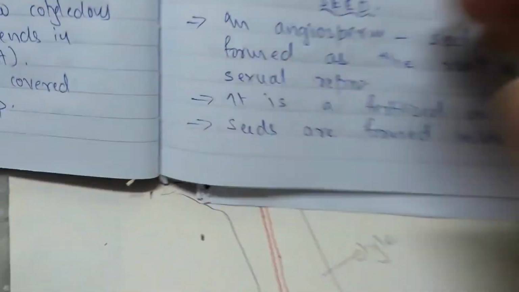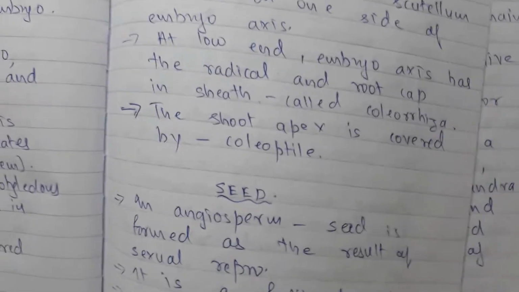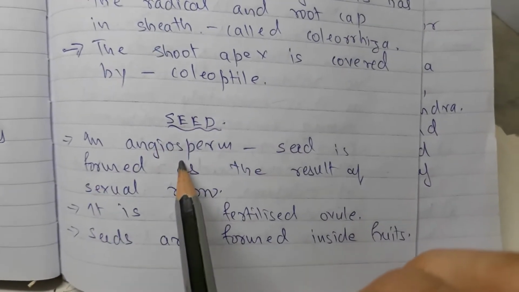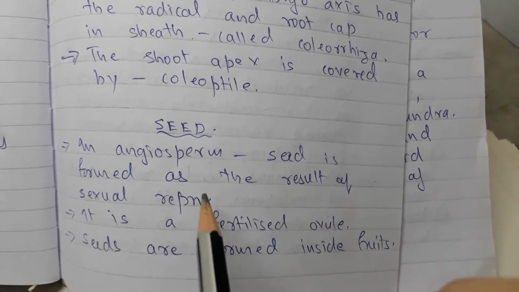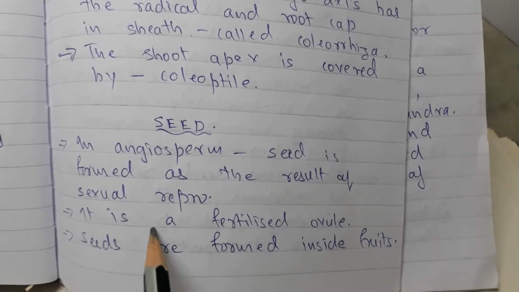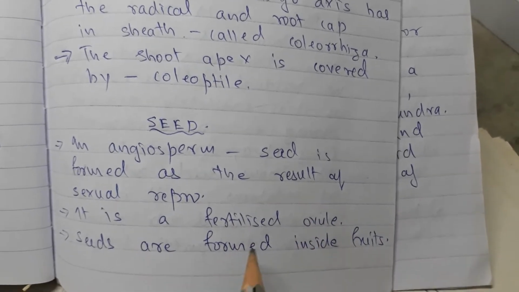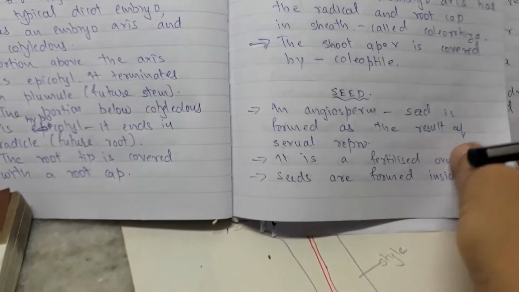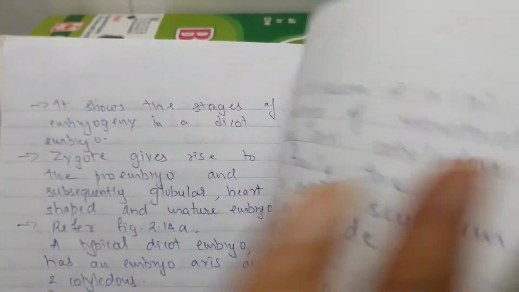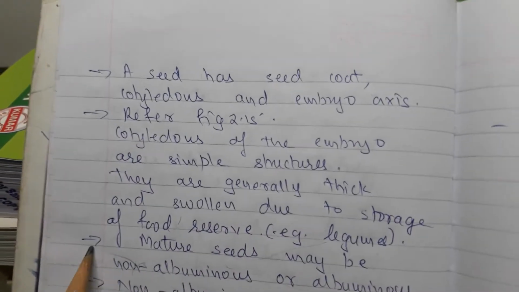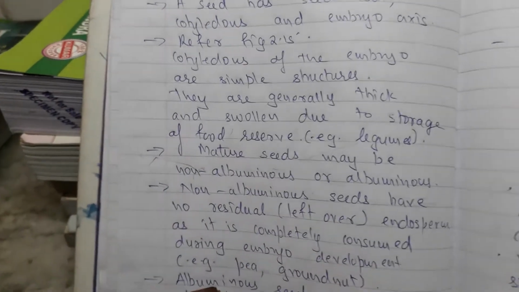Now, in angiosperm, seed is formed as a result of sexual reproduction. It is a fertilized ovule. Where are the seeds? Inside the fruits. Now, a seed has seed coat, cotyledon and embryo axis.